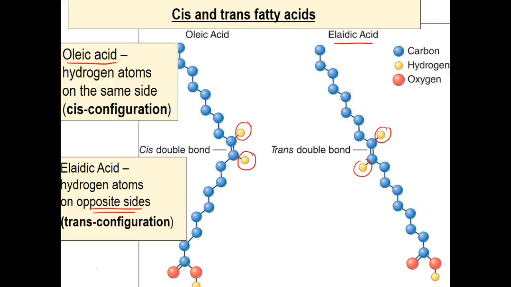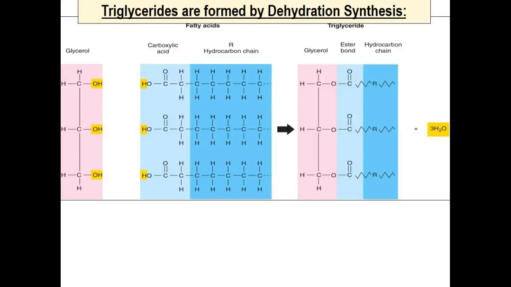Let's look at the formation of triglycerides on the next slide. Just as we saw for complex carbohydrates, triglycerides are formed by dehydration synthesis. In other words, the removal of water. So you have a glycerol and 3 fatty acids shown here.